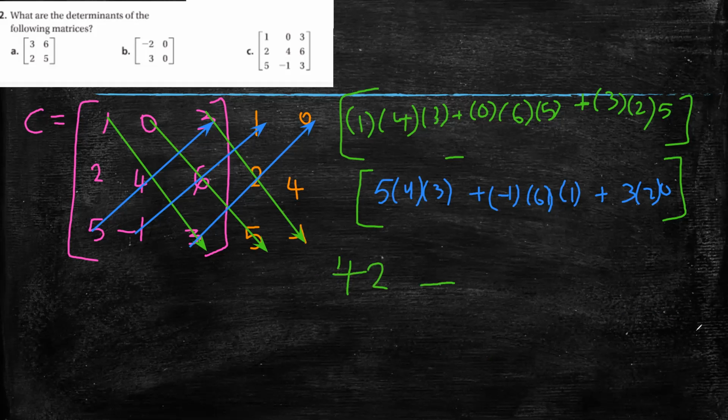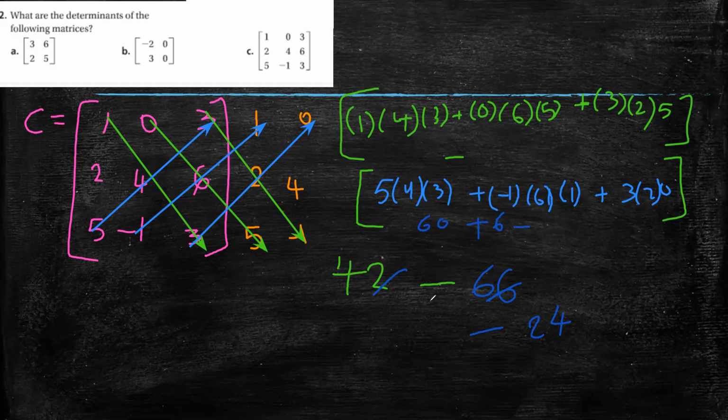Let's find the blue one now. 20 minus 3 is 60. 60 plus 6 plus 0, so it is 66. Then 42 minus 66 is negative 24. So the determinant here is -24. Is it clear? Yes, teacher.